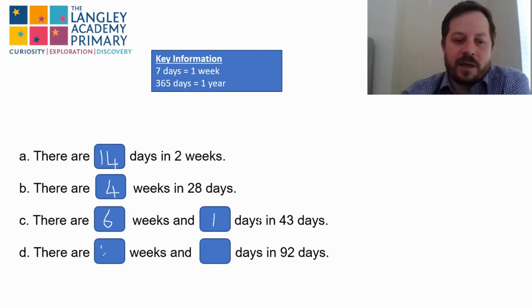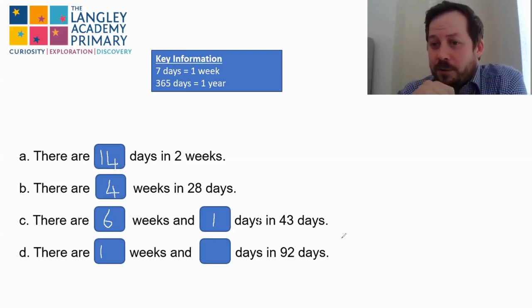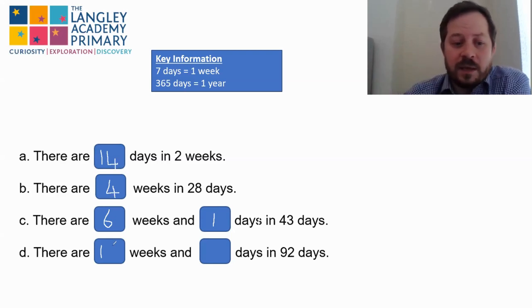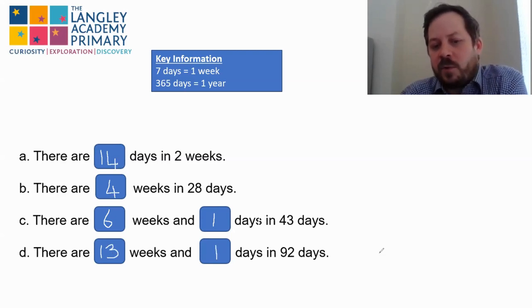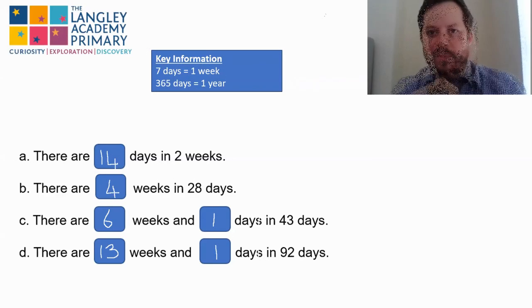Then I'm looking at how many I have left over. From 70 to 92 is 22. 22 divided by 7 allows me to have 3, because that's 21, with 1 left over. So our answer would be 13 weeks and 1 day is 92 days.